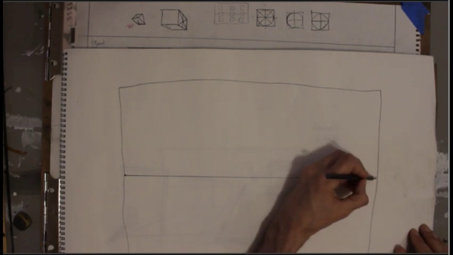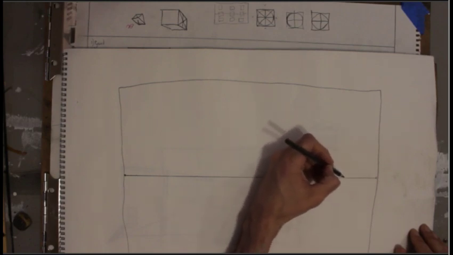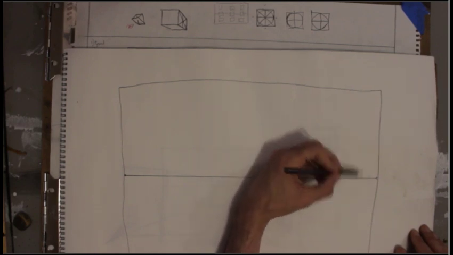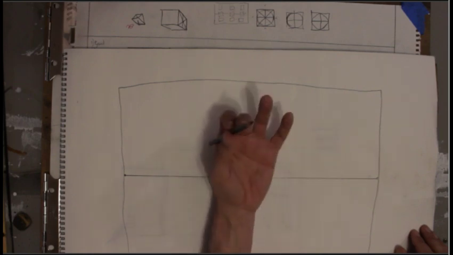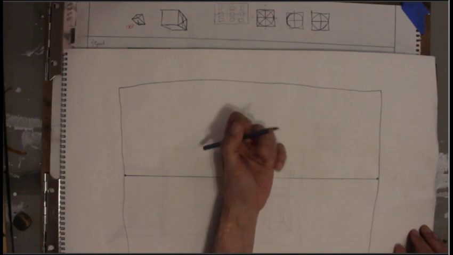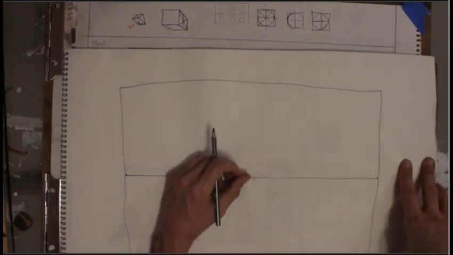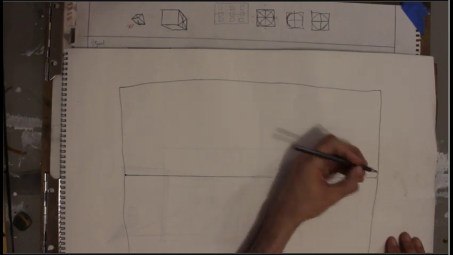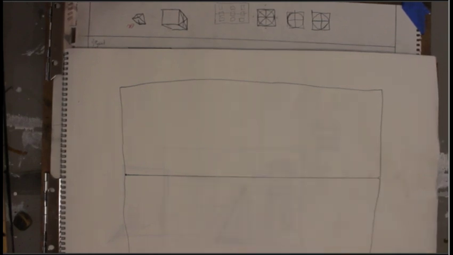In fact, we don't want them inside the page at all, because if my vanishing point was here and I start to draw things to the right side of it, you would see the weakness of 2-point perspective, because everything outside of the vanishing points just gets distorted and just too hard to make out.